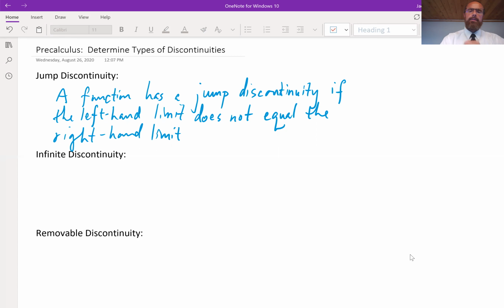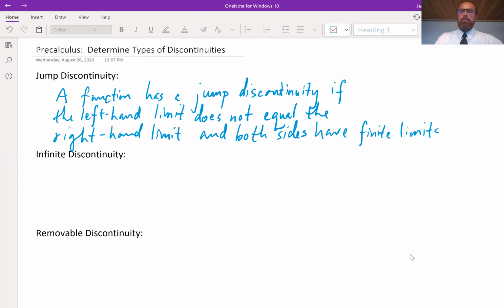So there's something about the discontinuity where one side does not equal the other side, and both sides are finite or have finite limits. So there's some words, and what I'd like to do is offer just a brief sketch to illustrate what this would look like in a graph.